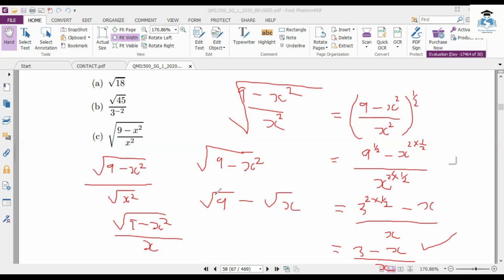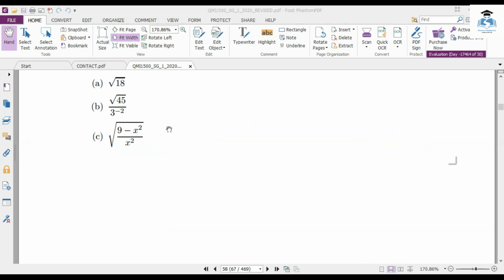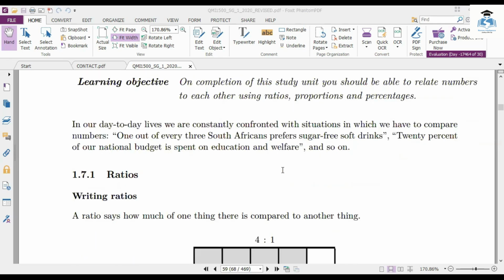Remember the laws. We said root of 9 plus x squared is not the same as root 9 plus root x squared. So this one won't be the answer, but I believe it might be this one. Got it? Maybe I'm wrong, but I believe so.